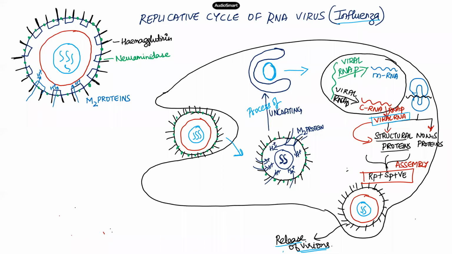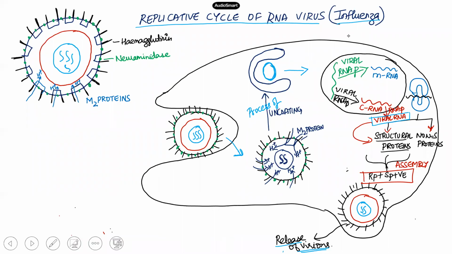So one way of producing viral copies is through mRNA, and the virus has another backup plan, and that is through complementary RNA. Now, this is initiated by the complementary RNA using viral RNA polymerase, and hence more copies of viral RNA are formed. So this is in particular the replicative cycle of RNA viruses. Here we have taken the example of influenza.